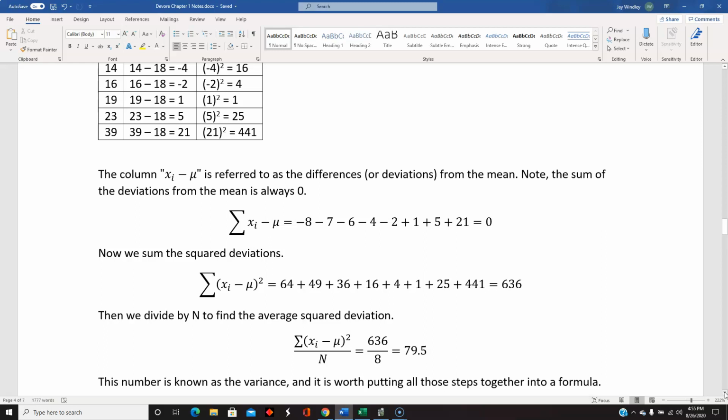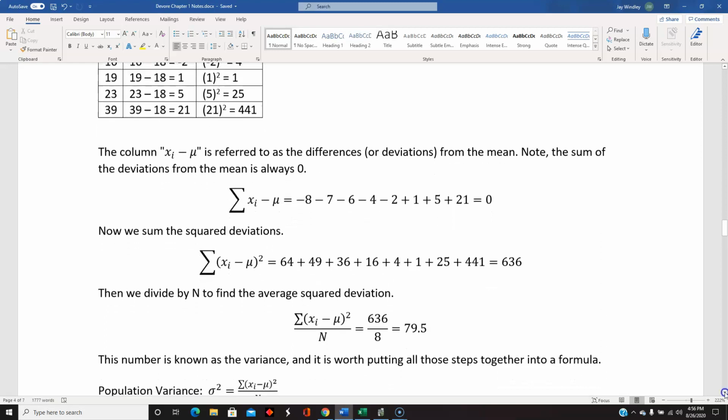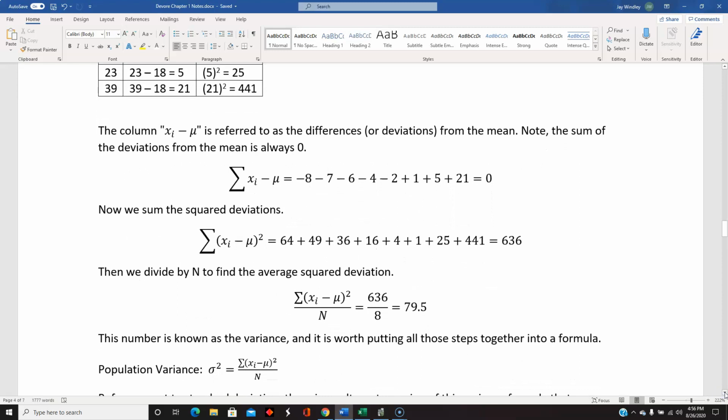And variance is probably used more than standard deviation in some statistics classes. So it's kind of important to know the variance, and everything that we just did, we're going to wrap up in a little formula.